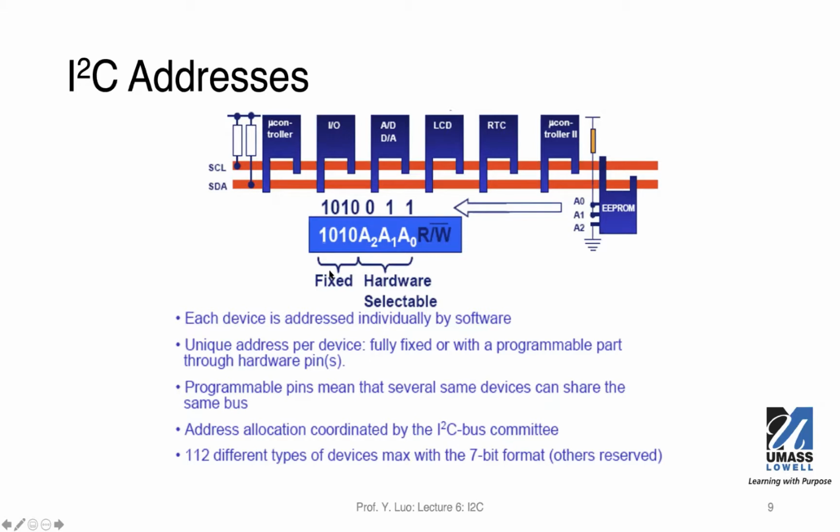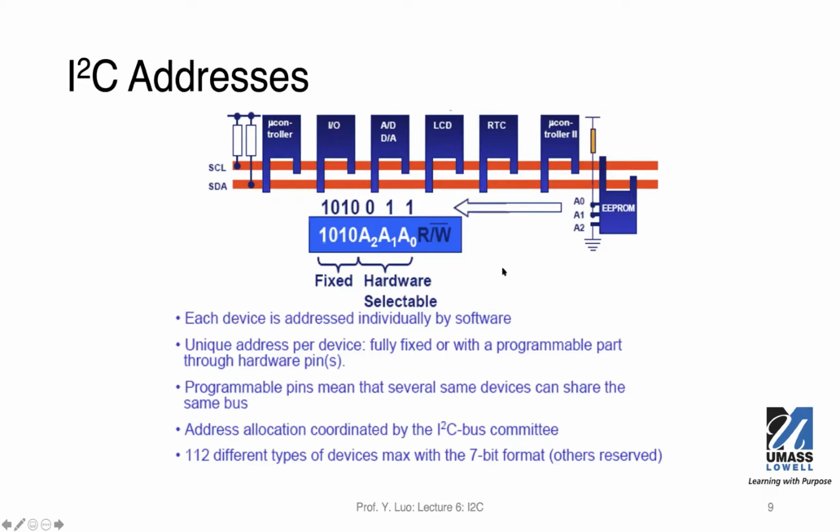Now, why do we do this? Why can't we just assign the 7 bits and that's it? That wastes space. That could be a reason.